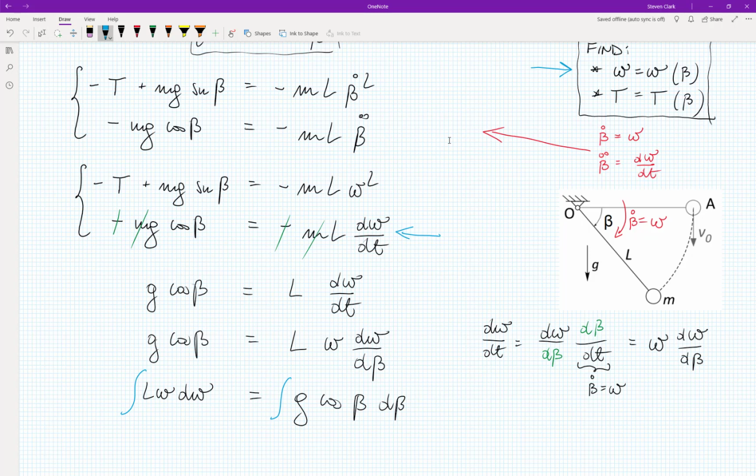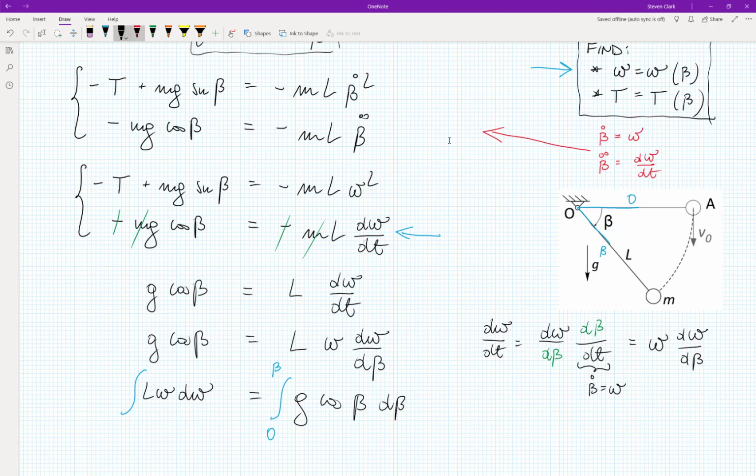Okay, so what are the integration bounds for beta? I believe that our beta starts from 0 and ends at some beta. So I will put 0 here and beta here. And now what are the bounds for omega? We still don't know it, yeah?